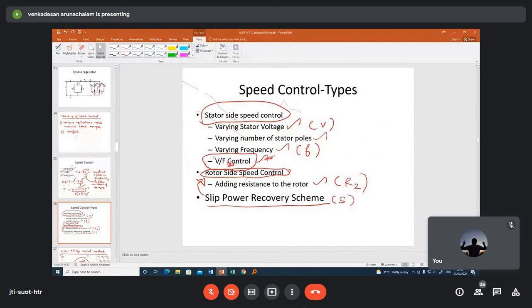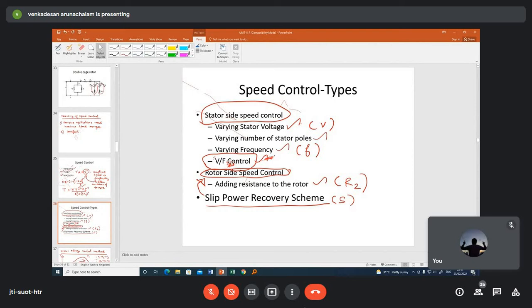And if you vary the number of stator poles, 120 F by P, speed can be varied. If you vary the stator frequency, speed can be varied. Or another control is that if you vary voltage magnitude and frequency simultaneously, that control is called as V by F control method. Using that also speed can be varied.